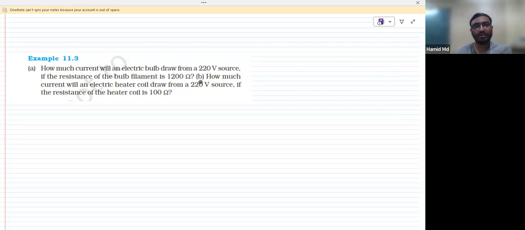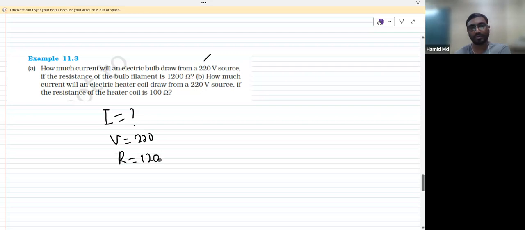How much current will flow through an electric bulb? The given part is we have to find the current from a 220 volt source. V is 220 volt. If the resistance of the bulb filament is 200 ohms, can you find the current? We have to use Ohm's law.